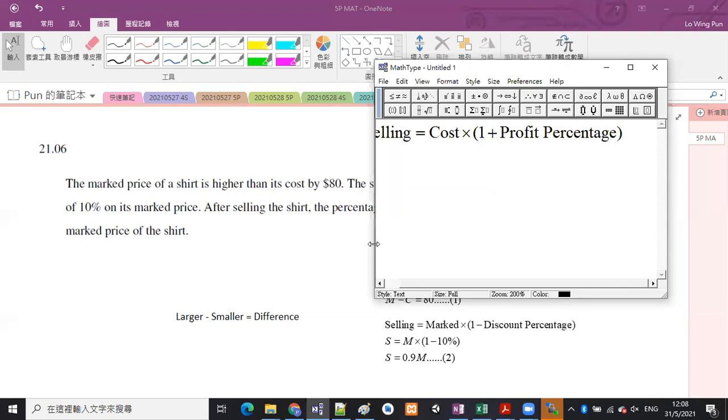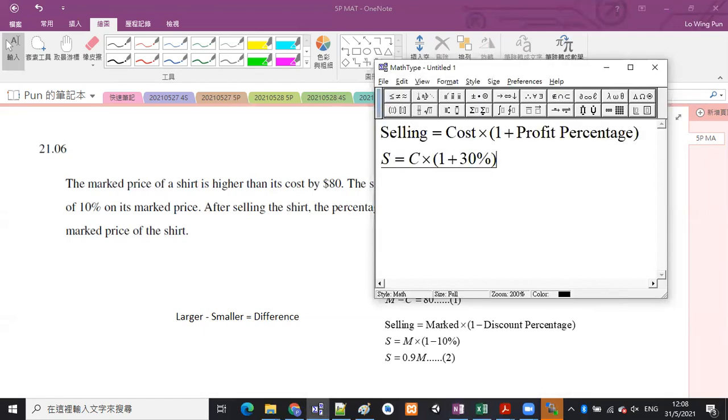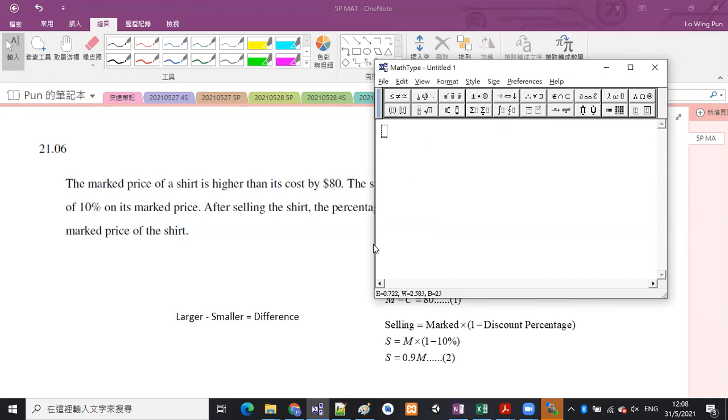Okay, do we have selling price? No, we just write S. Do we have cost price? No, just write C. And then times 1 plus percentage profit is 30%, okay? And then we just simplify the number first. 1 plus 30% becomes 1.3 C. Can you get this? Let's call this equation 3.